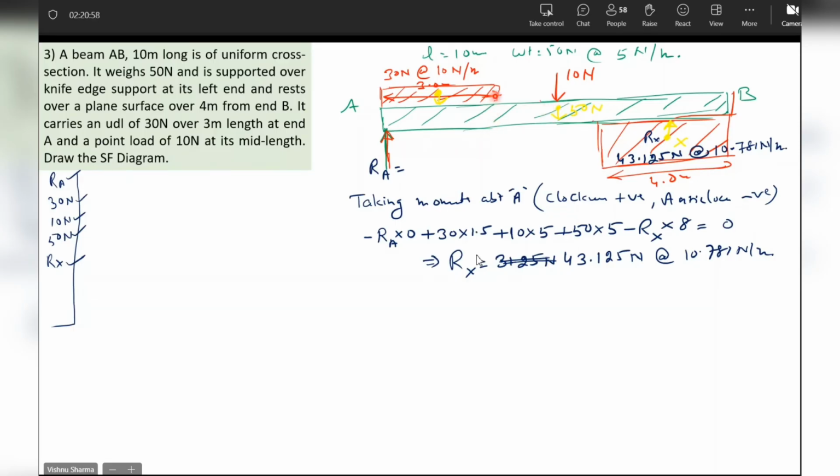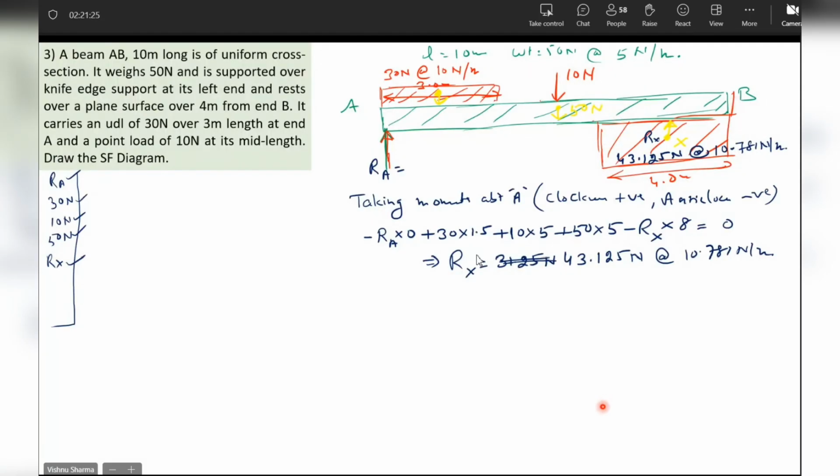So this will be an important point because of the 10 newtons, the concentrated load. Then there is a change taking place here in the uniform force. So we'll have to take 1 point, 2 point, 3 point because of 10 newtons, 4th and 5th. We have to take minimum 5 points.